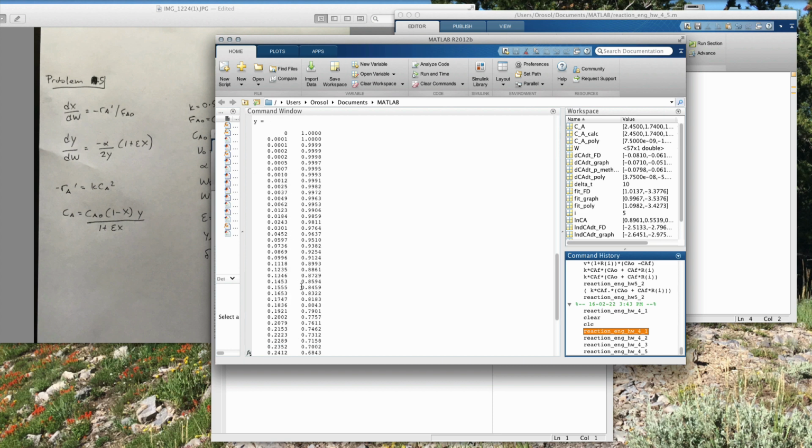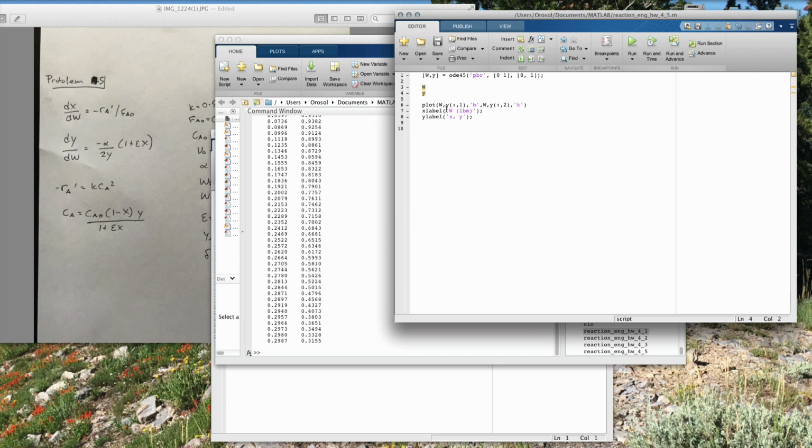And then Y, so this says X, and this is Y. So you can see the initial values of 0 and 1. And so this is why you need to call this like that. This is saying every row in the first column, and this is saying every row in the second column.